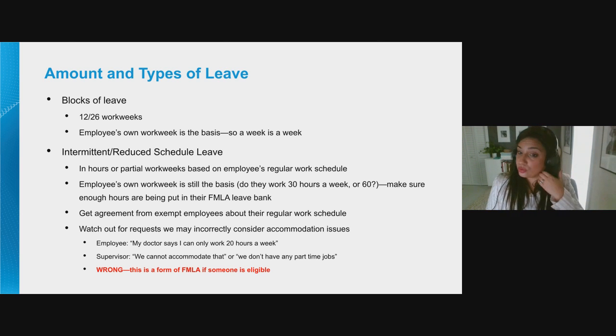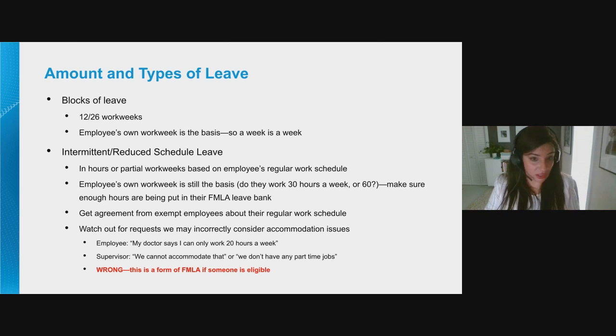So be careful not to say, oh, the work week is the standard 40 hours, because it is not as simple as that. I might be an FLSA exempt employee that works way more than 40 hours per week, and my work week is what dictates how much leave I get. So don't count by the hour, count by the work week.